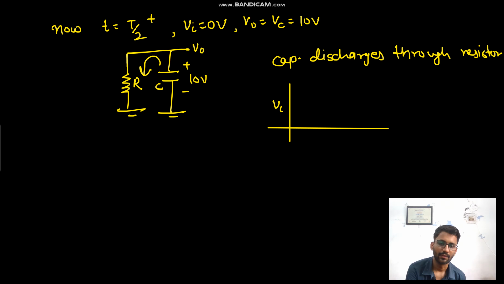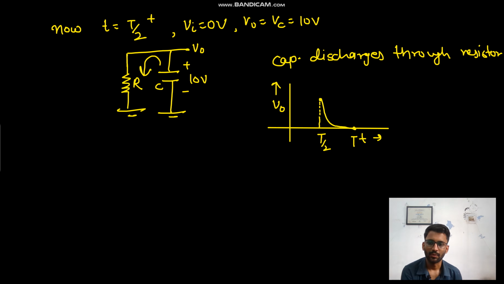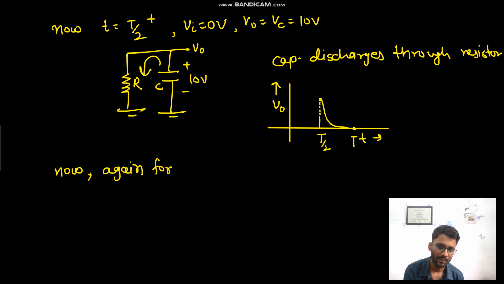This is V naught versus t. Let us assume this is T by 2, from T by 2 to T, the capacitor discharges. Now again for T to 3T by 2, the capacitor charges.